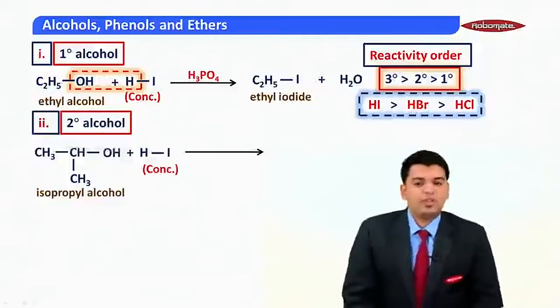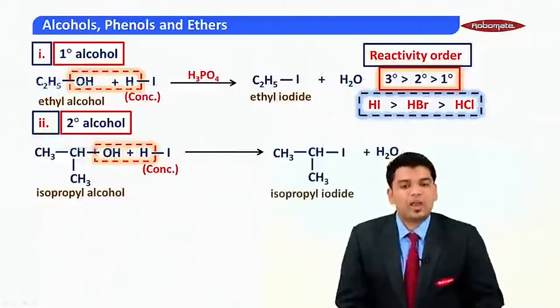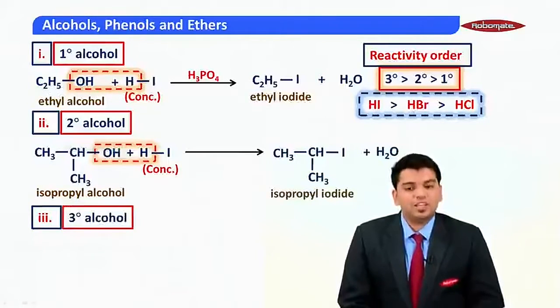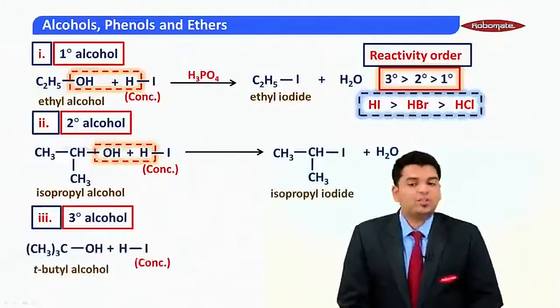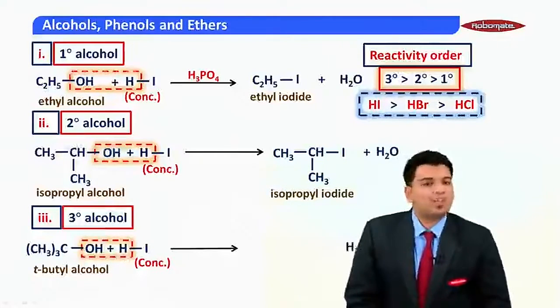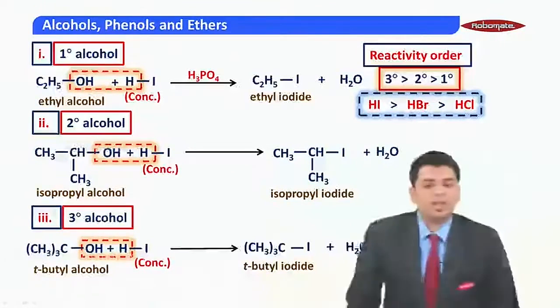It reacts with it, and the product we get is isopropyl iodide and water. The last one is tertiary alcohol. We take tertiary butyl alcohol and react it with conc HI. No other reagent or catalyst is required. There is elimination of a water molecule, and the product we get is tertiary butyl iodide.